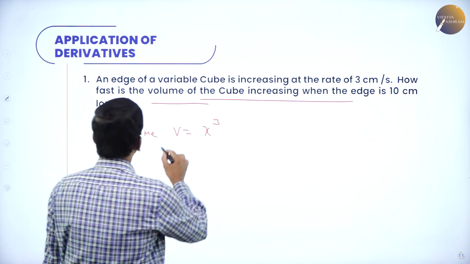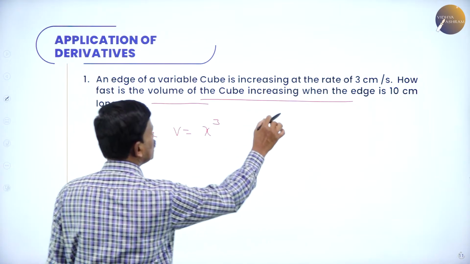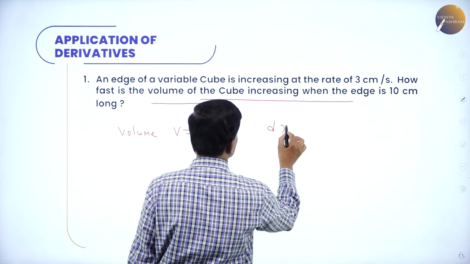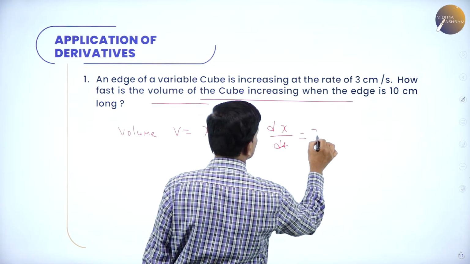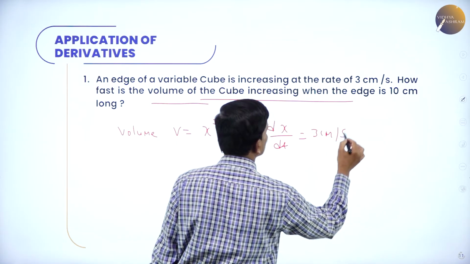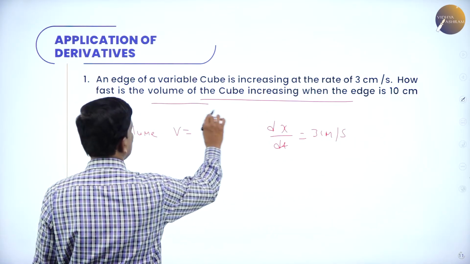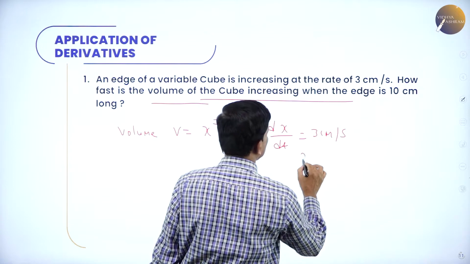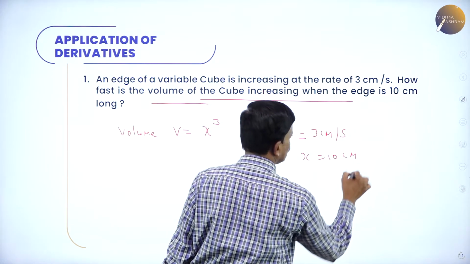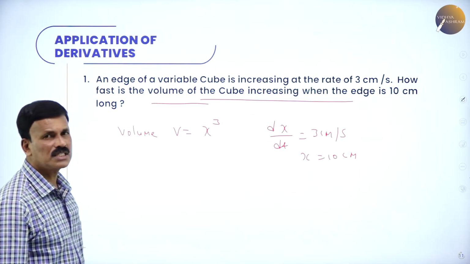What is given? dx by dt is equal to 3 centimeters per second, when x is equal to 10 centimeters.